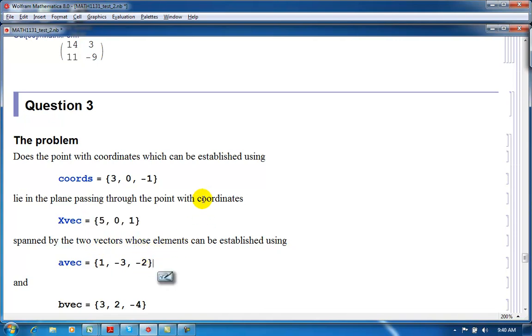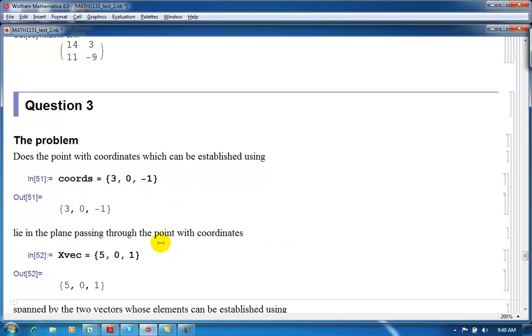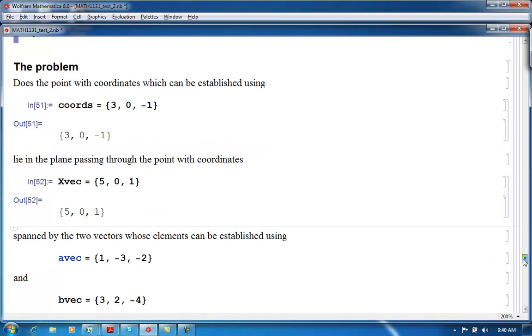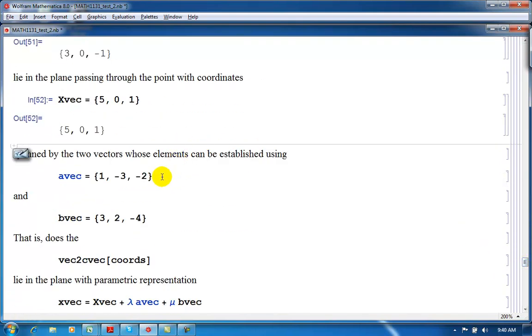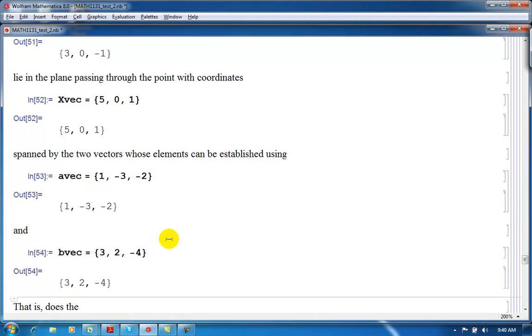We'd better execute all this. So that's the first vector, that's the second vector, and that's a point on the plane, or the span of the two, and we define the coordinates of the other vectors as A equals this one here, and B equals this one here.